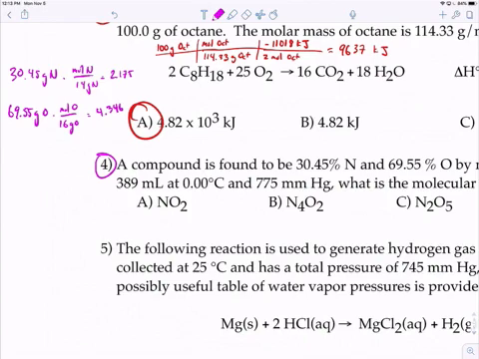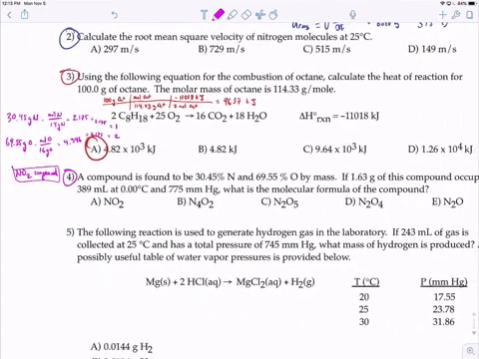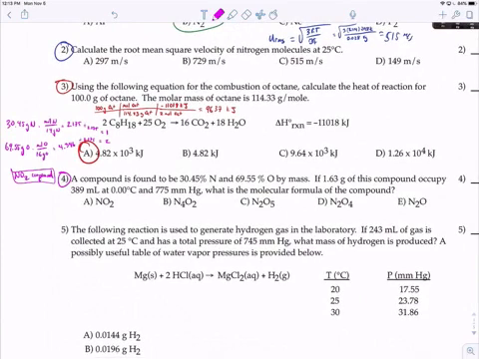So divide both sides by 2.175, and we get 1 there and 2 there. So this means this is an NO2 compound. So we have an NO2 compound. Then we have to figure out the number of moles from this. So we figure out the ratio is 1 mole nitrogen to 2 moles oxygen.